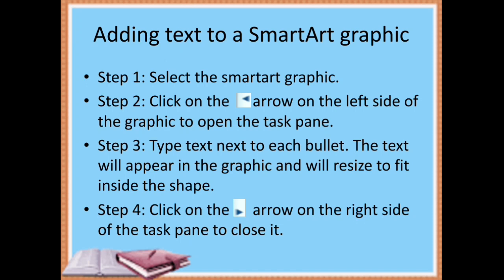Type the text in each bullet. The text will appear in the graphic and will resize to fit inside the shape. Then click the right arrow on the right side of the text pane to close it. So you have to type the text, then you have to close it.